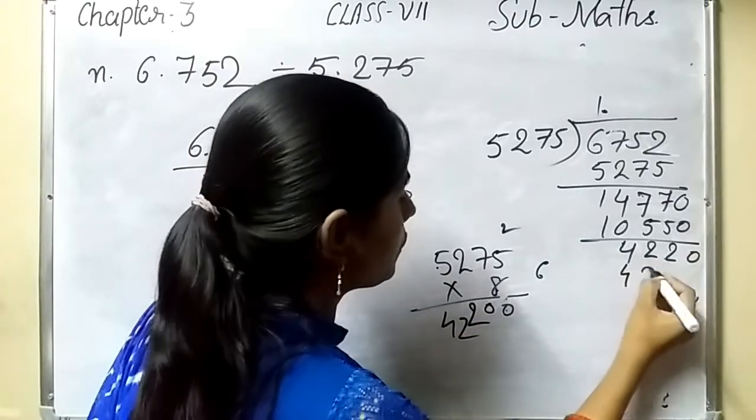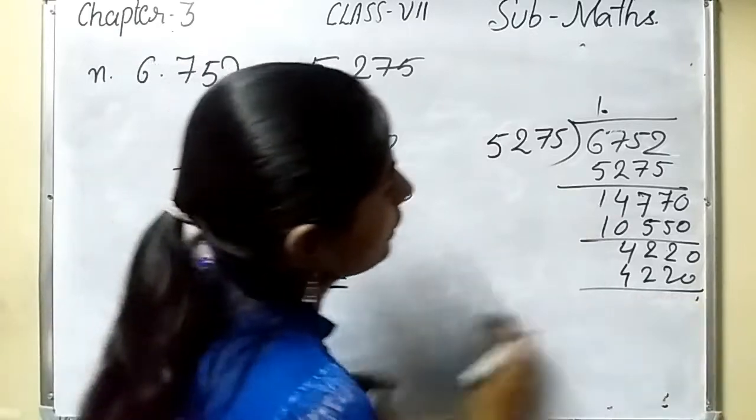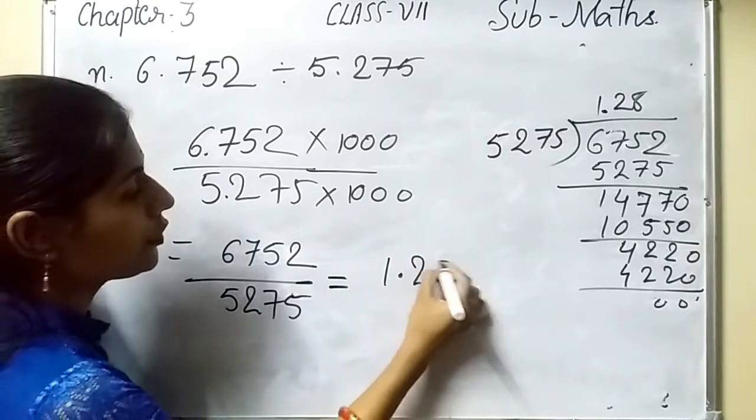Now you get the remainder 0. Your answer is 1.28.